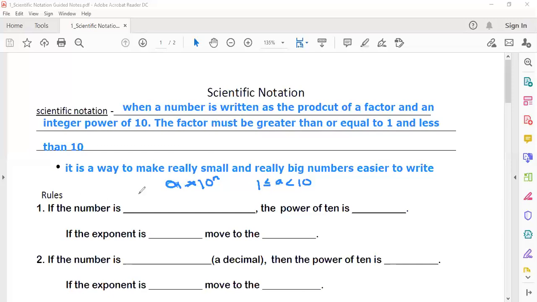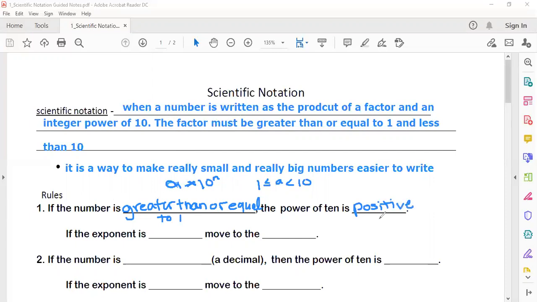Anyone figure it out? If the number is greater than or equal to 1, then the power of 10 is positive. Okay?